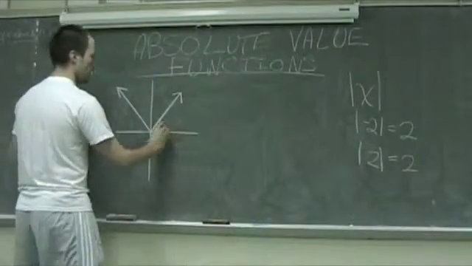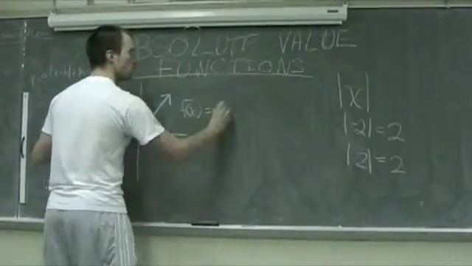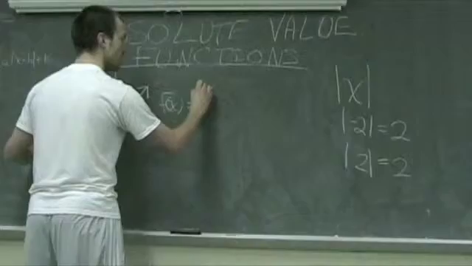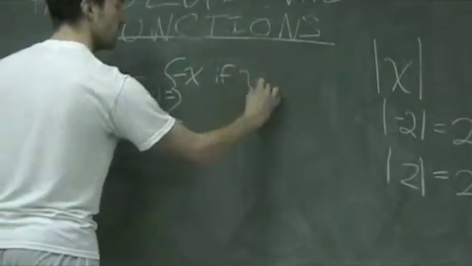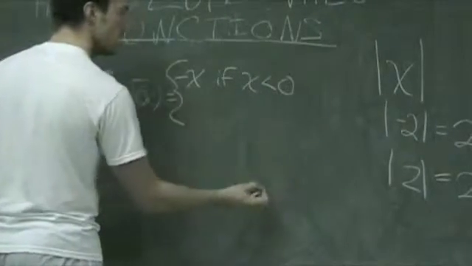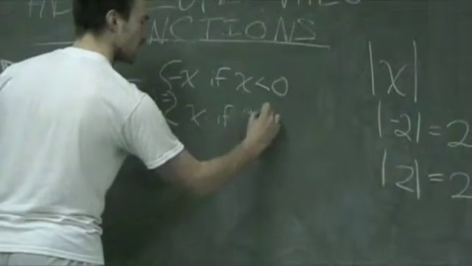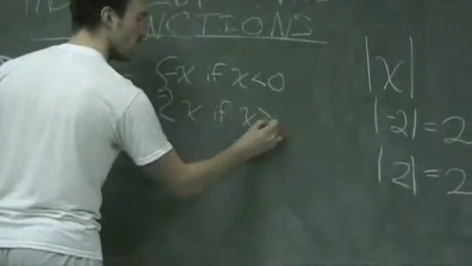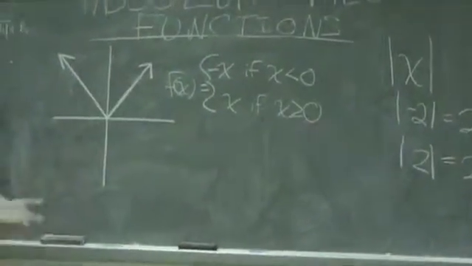So again, this is a piecewise function, f of x equals the opposite of x if x is less than 0, and positive x if x is greater than or equal to 0. Okay? So there is that graph.